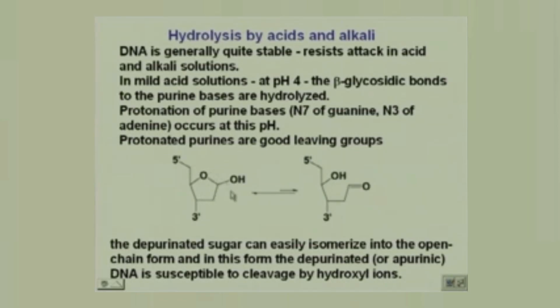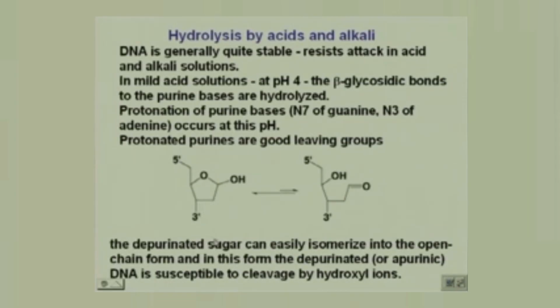This is the hydrolyzed sugar, where you have this 5' and 3' end. What does this signify? It signifies that this is part of a DNA strand, right. You do not have the OH here.